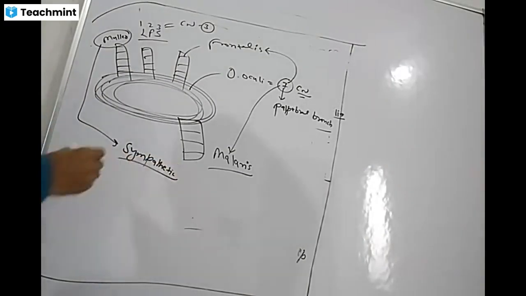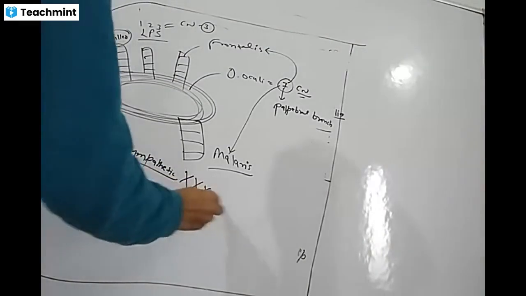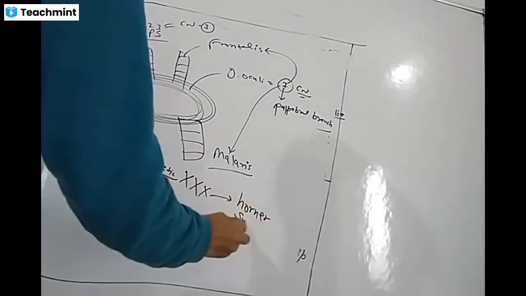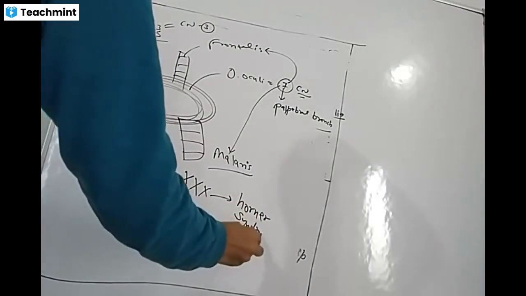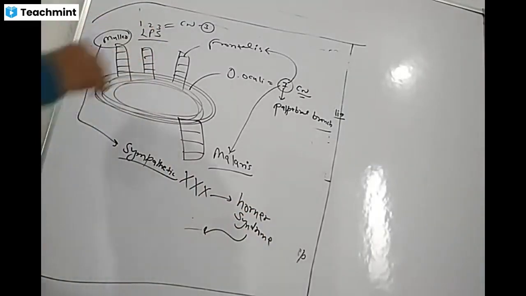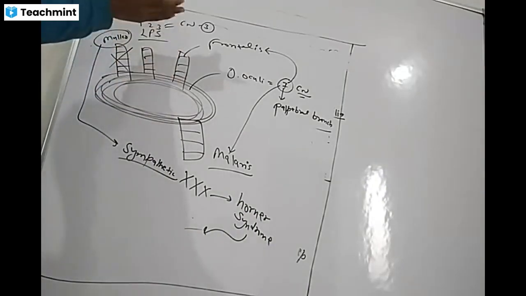If this sympathetic nerve supply gets damaged, that may lead to a disease called Horner syndrome. Horner syndrome means you are cutting the nerve supply to this muscle. The role of this muscle is to elevate the eyelid.